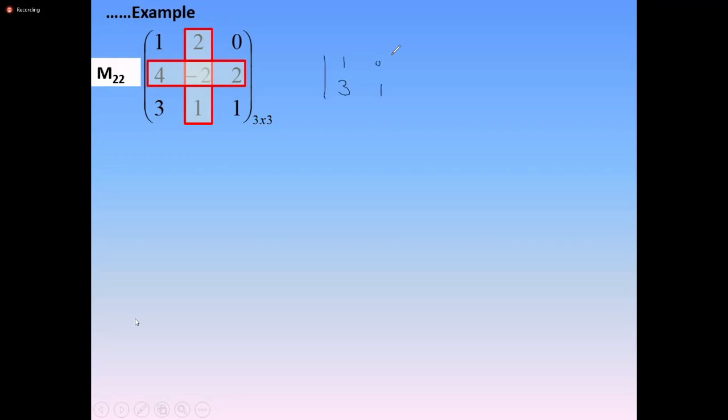Then get the value here. Without writing in advance, your eye contact should go to the 1, 1 here. 1 by 1 minus 3 by 0. 3 by 0 is 0, so only 1 by 1 gives the calculation here.